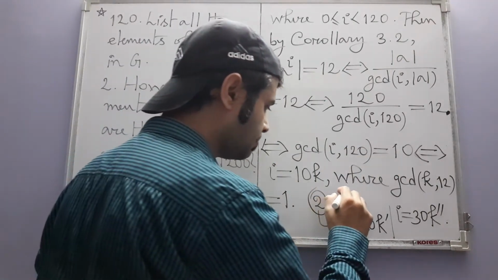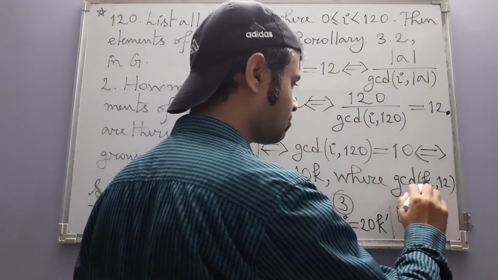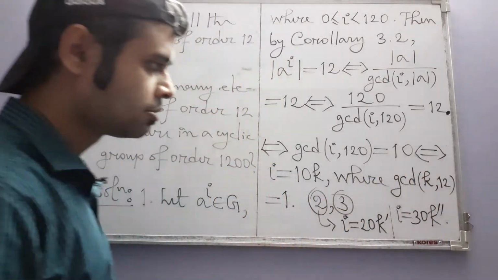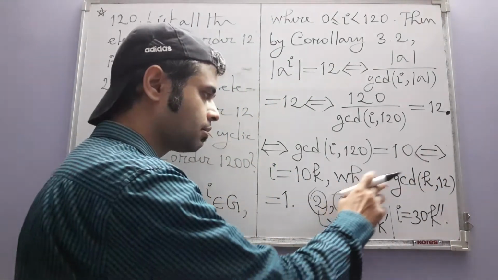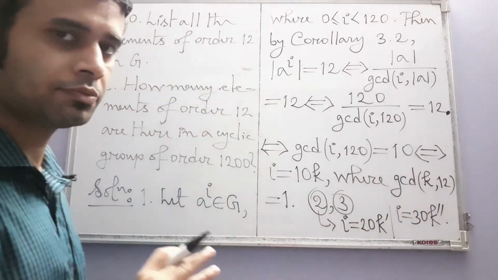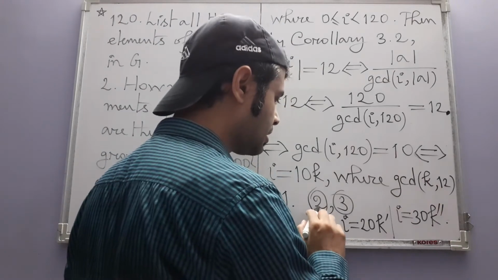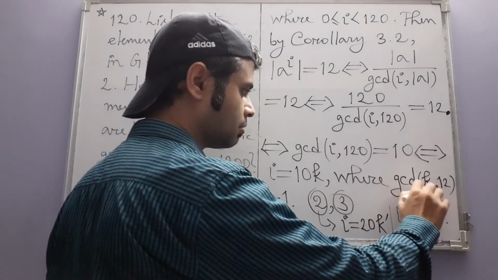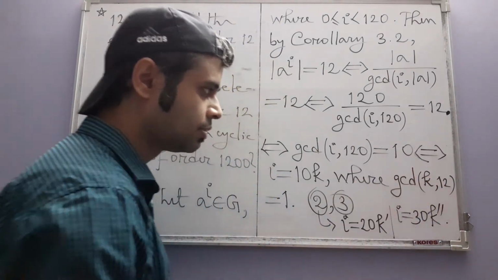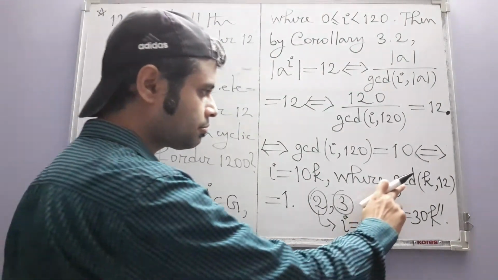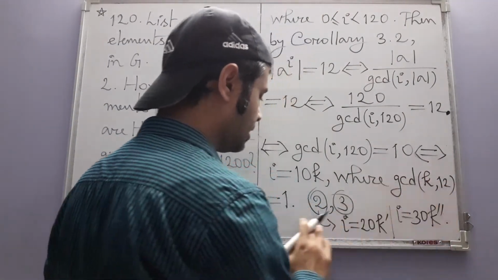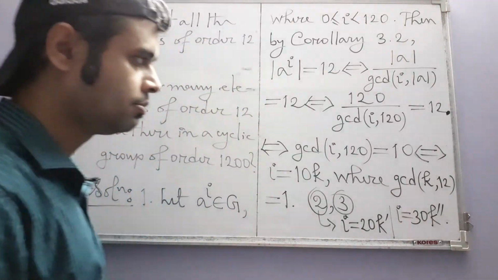So that is why 3 also does not divide both k and 12. So this means 2 and 3, both of them divide 12, so none of them can divide k, but these are the only possible primes which divide 12. So that means the GCD of k and 12 actually has to be equal to 1.